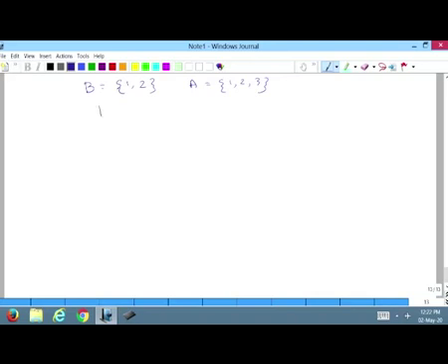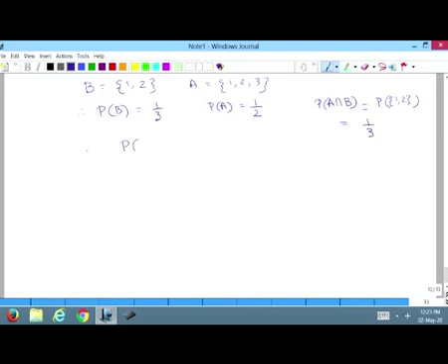Therefore, probability of B is equal to 1/3, probability of A is equal to 1/2, and probability of A intersection B is equal to probability of {1, 2}, which is 1/3.